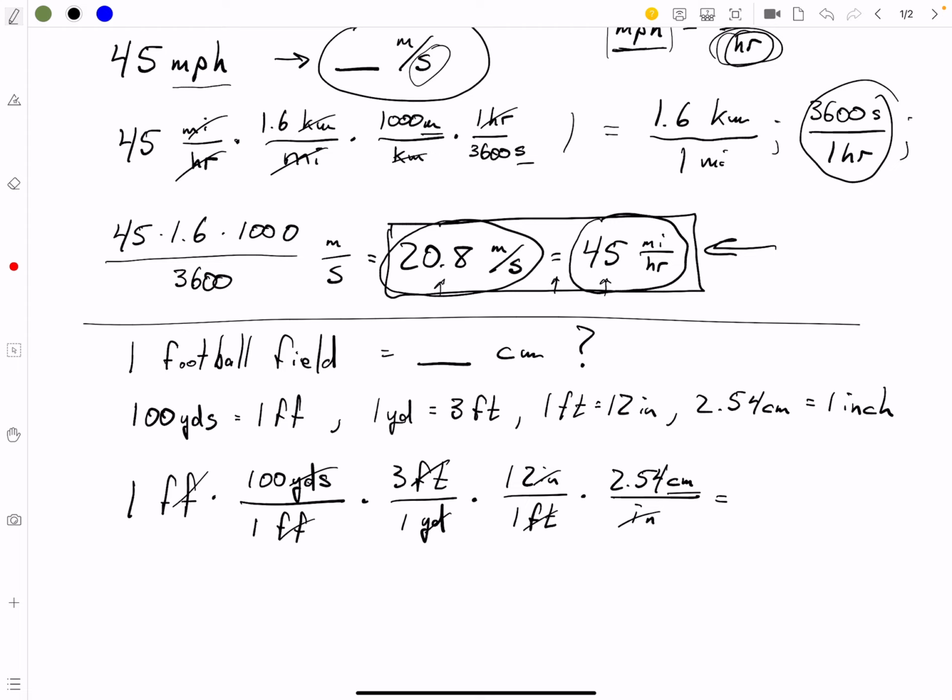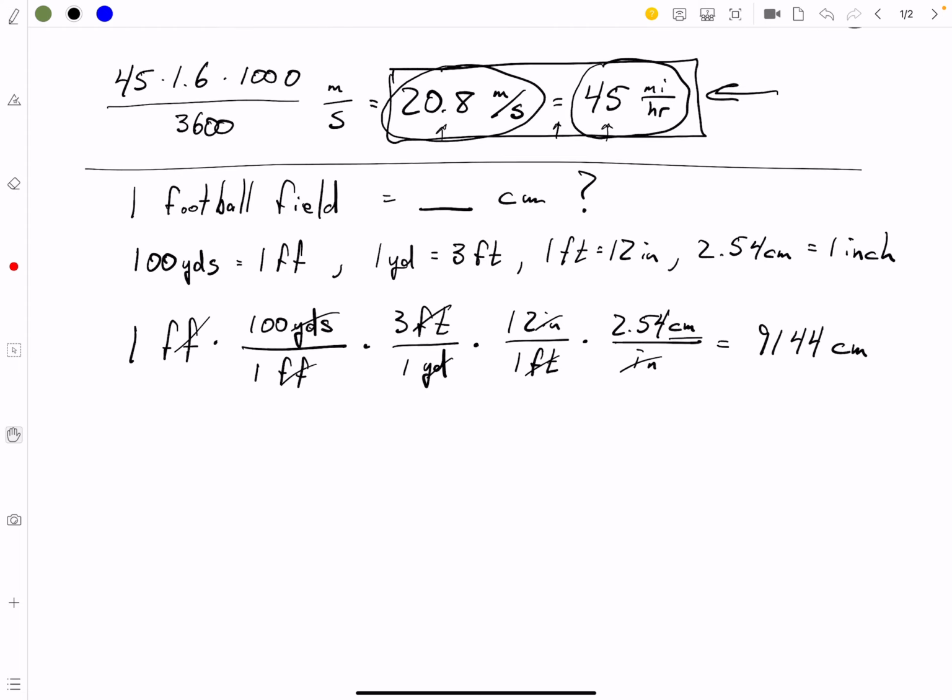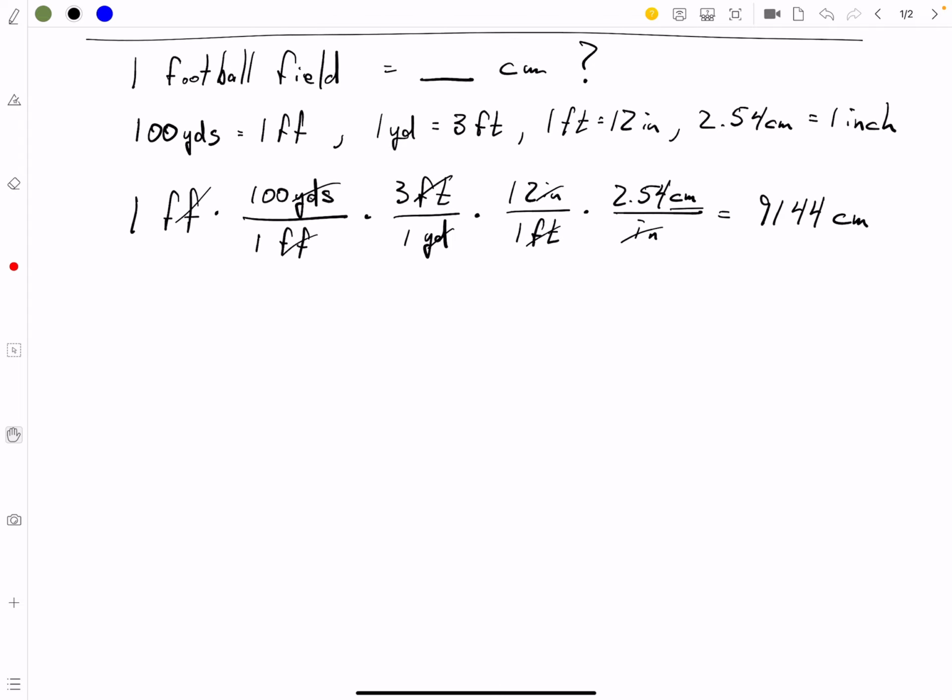And we will get 9,144 centimeters. So instead of the last yard, you could say, oh, no, it's the last X amount of centimeters. I don't know. If you're a nerd, all 9 yards. Okay.